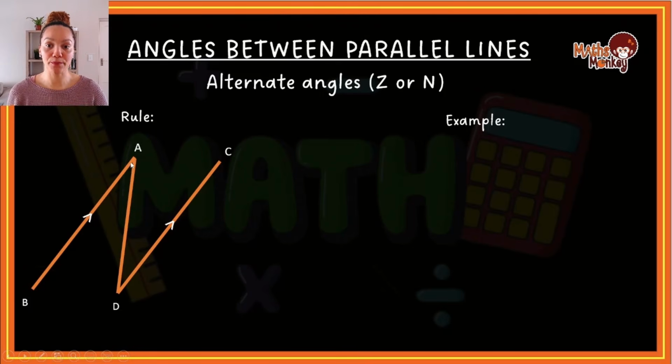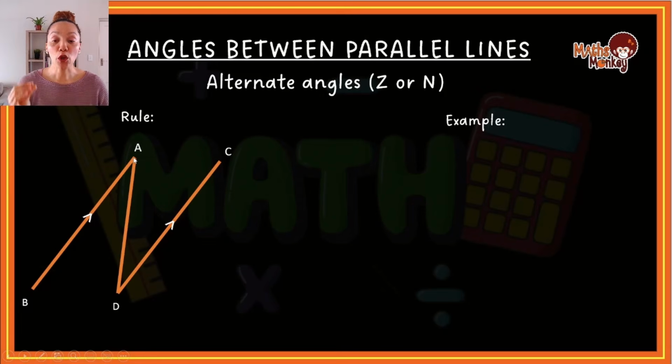That means that if I have 2 lines that are parallel to each other, so AB and CD are parallel to each other because these arrows indicate that, and therefore we know that these are the same distance apart throughout.